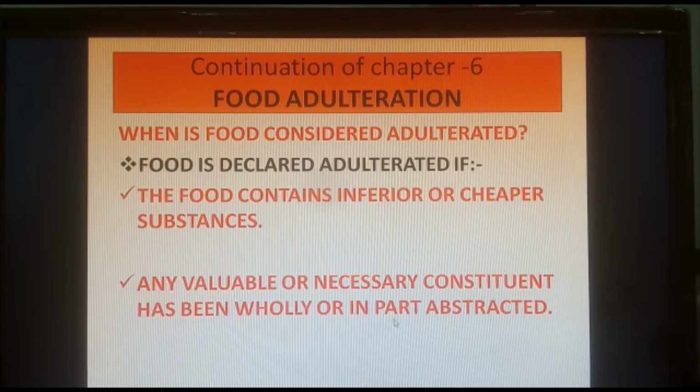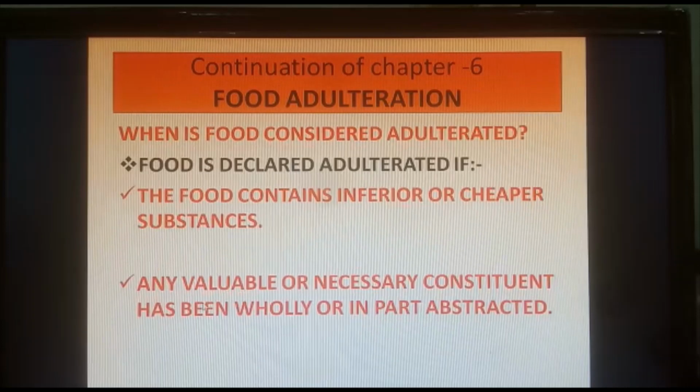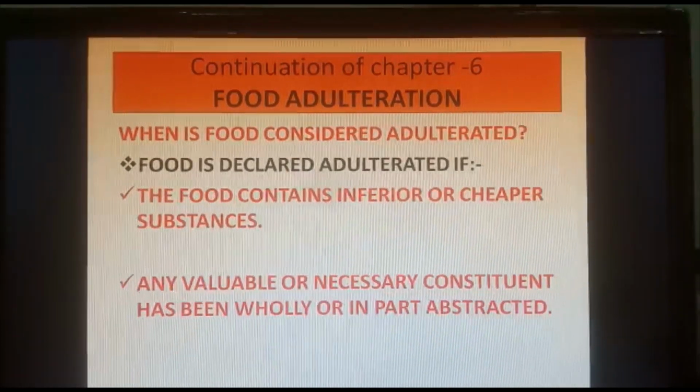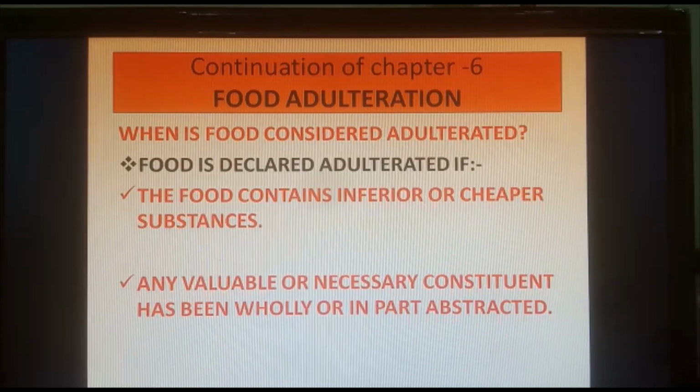Abstracted means removed. So this point says that if any important element or nutrient is removed from the original product completely or in some amount, that food substance becomes adulterated. For that, we can take one example, that is removal of fat from milk.